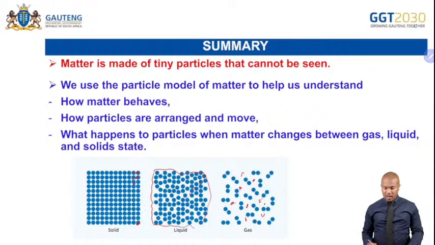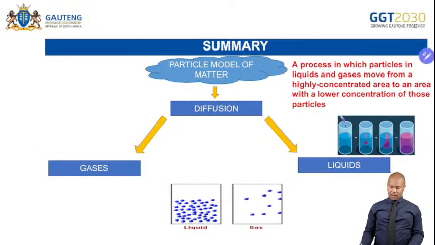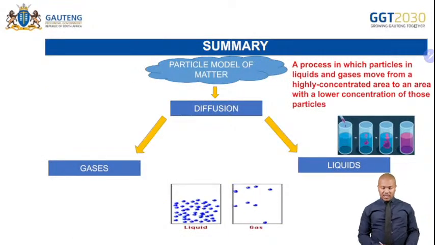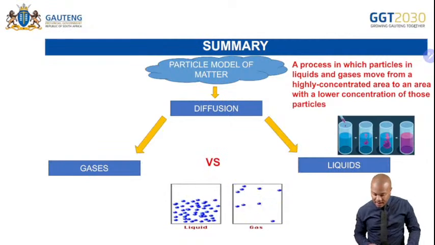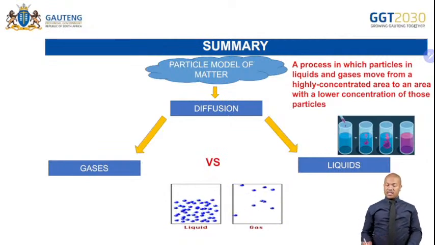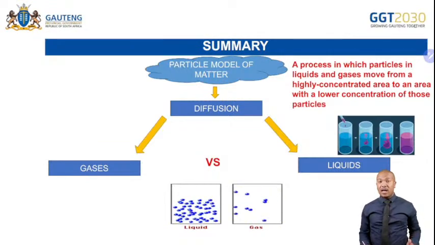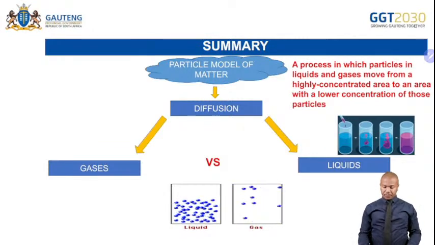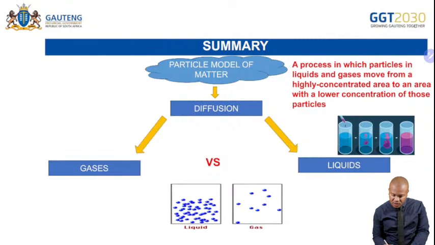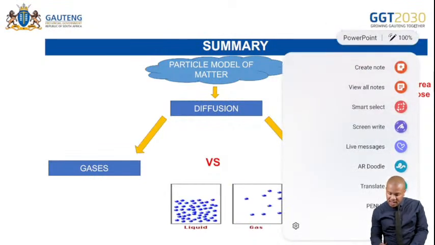So we also talked about diffusion between gases and liquids. And we said diffusion is the process in which the particles in liquids and gases move from a highly concentrated area to an area of low concentration, right? So we're comparing diffusion of gases and liquids.